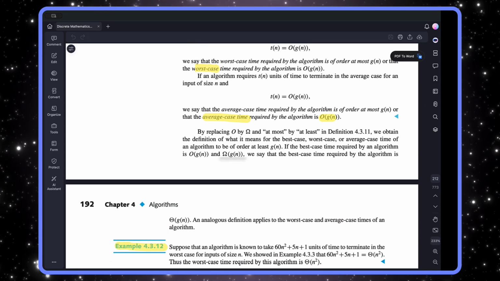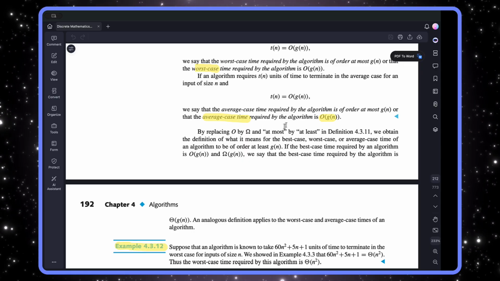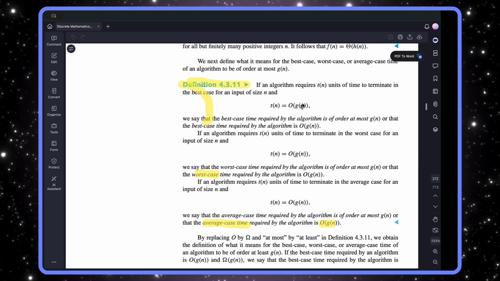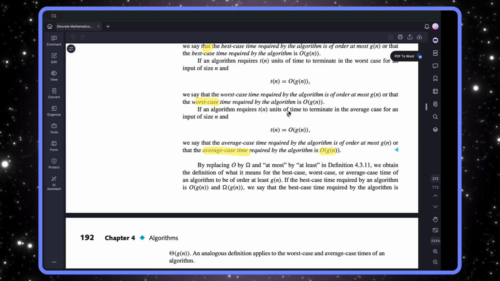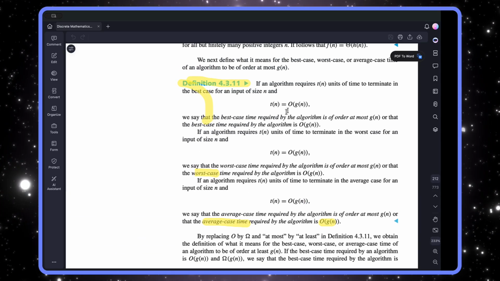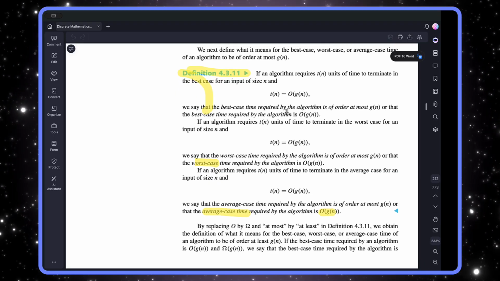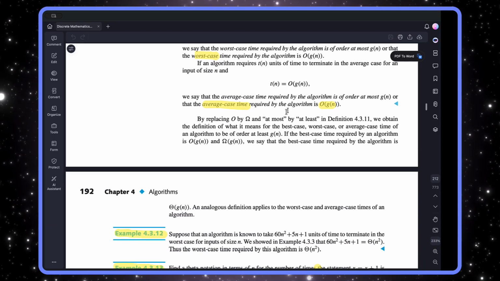And similarly, if we replace O by omega, and "at most" by "at least" in this definition, you get an analogous relationship between the runtime of the algorithm that you're looking at and how it grows.